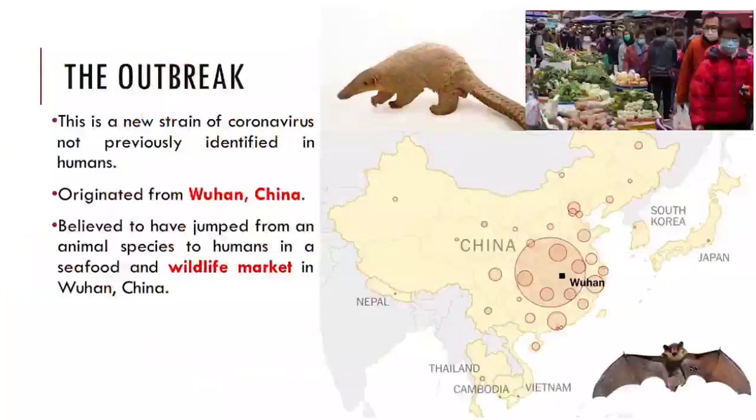So let us go back to a little bit about the history of the outbreak. This is a new strain of coronavirus not previously identified in humans, originated from Wuhan, China, believed to have jumped from an animal species to humans in a seafood and wildlife market in Wuhan, China.